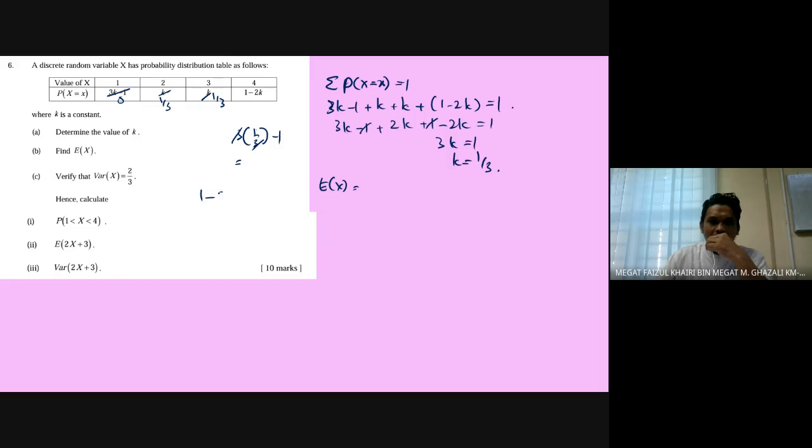And 1 minus 2 times 1 over 3, so 3 over 3 minus 2 over 3, 1 over 3. K is 1 over 3. Wait, this is also 1 over 3. So 1 over 3 plus 1 over 3 plus 1 over 3 equal to 1.